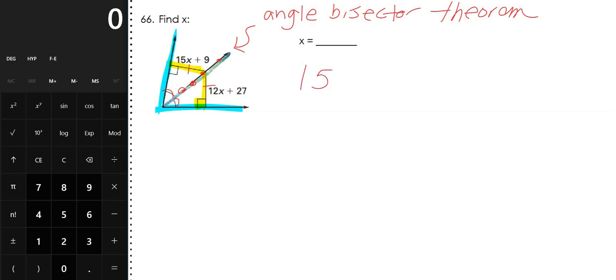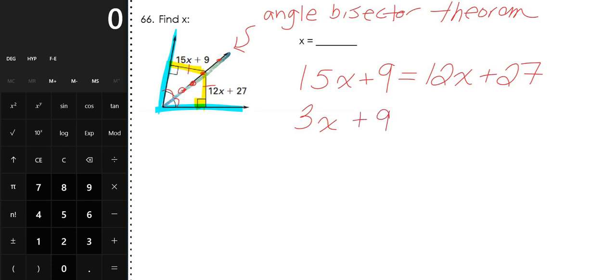So 15x plus 9 equals 12x plus 27. I always start with the x's, so I'm going to subtract 12x from both sides. And I get 3x plus 9 equals 27. Subtract 9 from both sides.